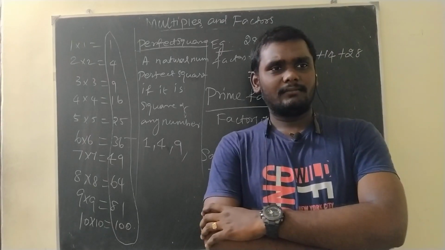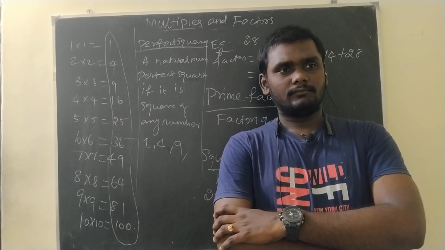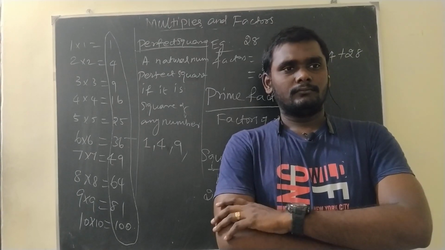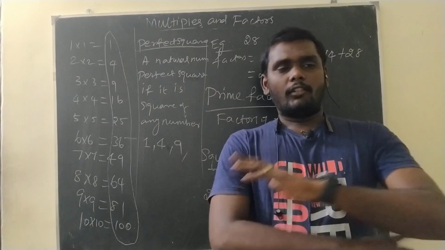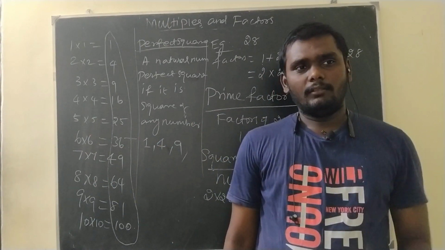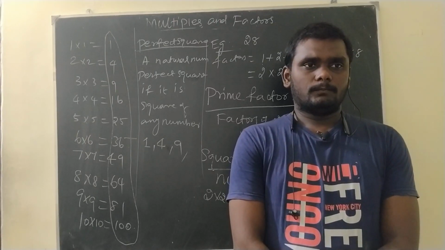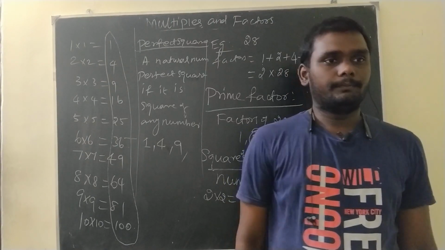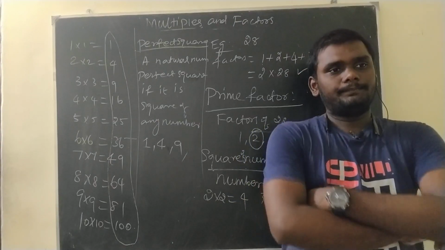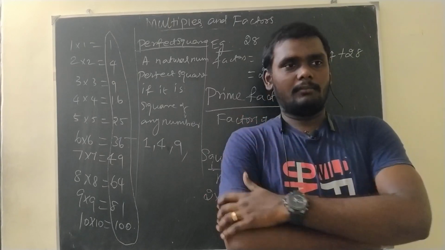What number is it? Perfect number. Good. And then, what is the difference between square of a number and square number?